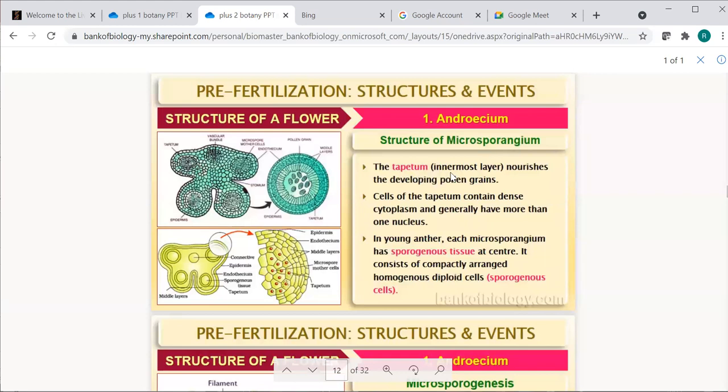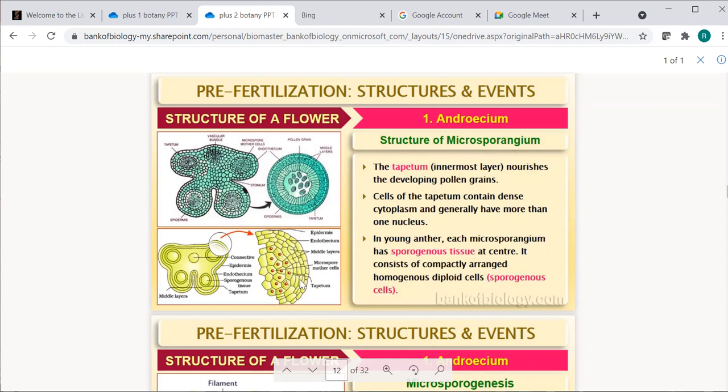Tapetum is the one which nourishes the developing pollen grains. The innermost layer, एकदम अंदर वाला layer, which takes food from the middle layer and nourishes the developing pollen grain.